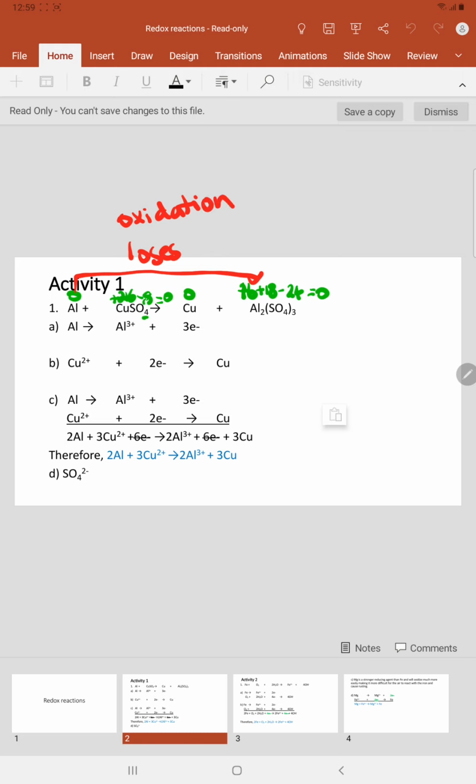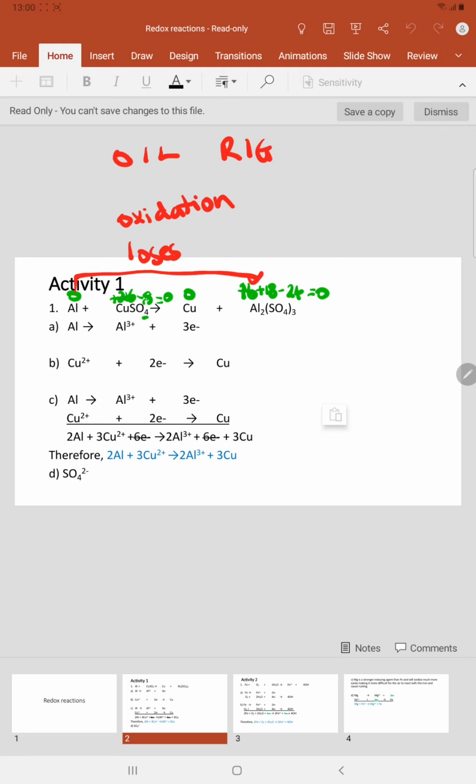We know this because of our acronym OIL RIG: oxidation is loss, reduction is gain. So the aluminium goes through oxidation, and it is then the reducing agent.